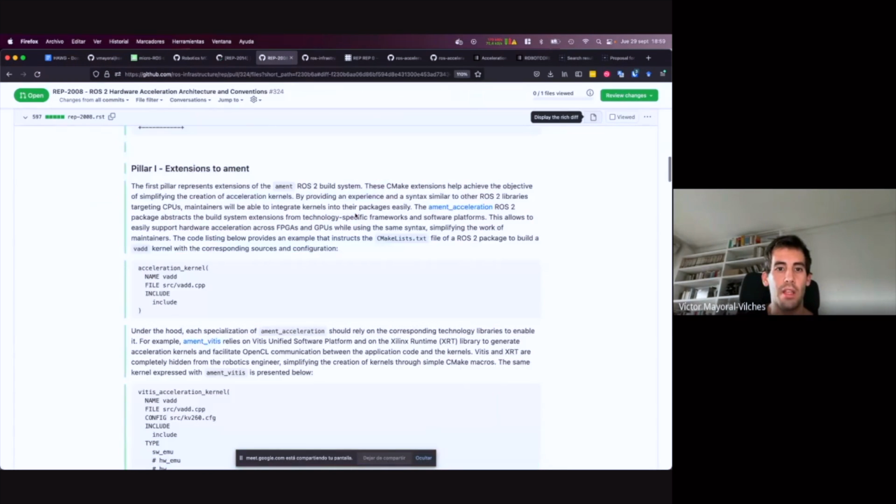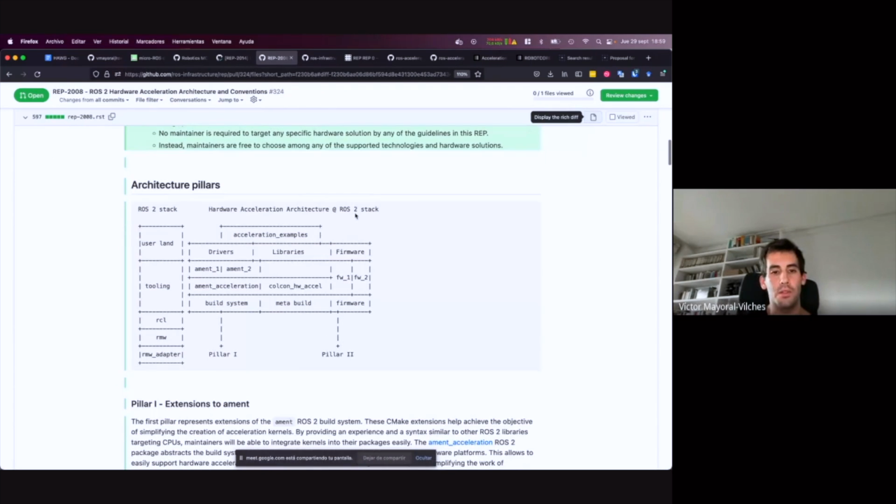More specifically, I can answer that by giving you a graphical depiction. This architecture stack represents the fact that within the ROS2 hardware acceleration working group we are extending the ROS2 build system with essentially connectors and CMake macros at the end of the day that allow you to connect the various frameworks for hardware acceleration.